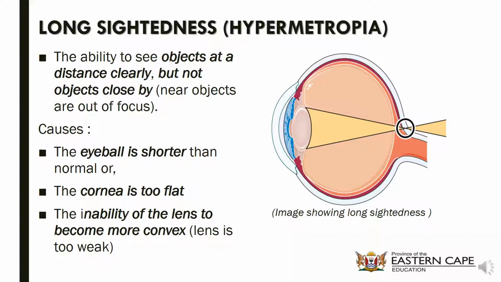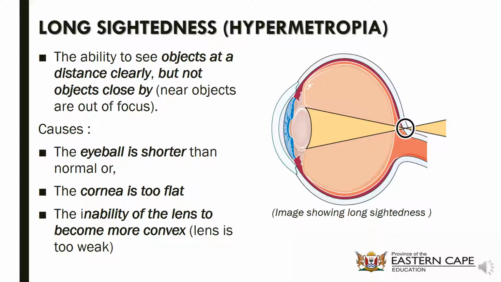Right, that's another term we're introducing. Convex. What does it mean? Convex means to bend out. So your lens is bending out, it's protruding outwards. So if you are long-sighted, it means that your lens cannot bend outwards. That's what we mean by the inability for it to become more convex.